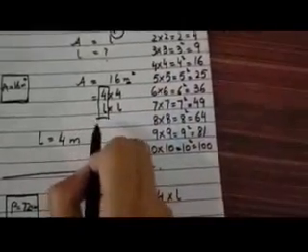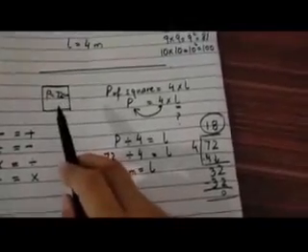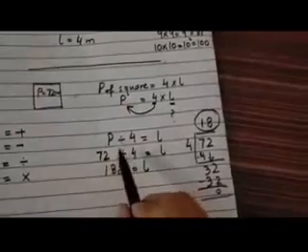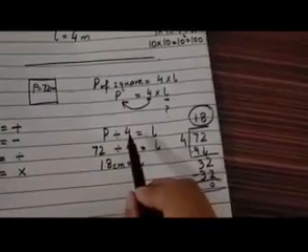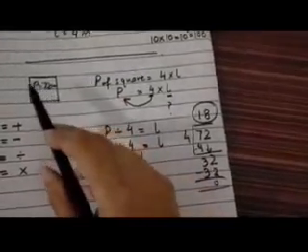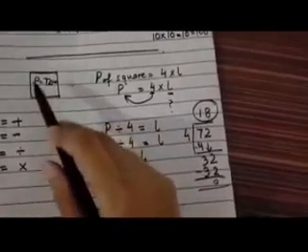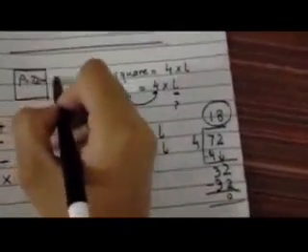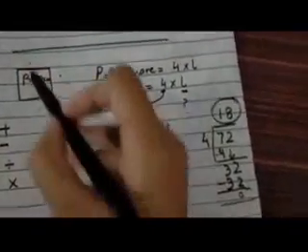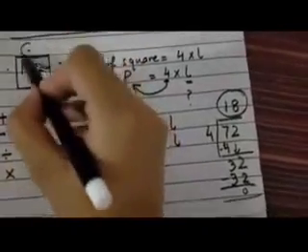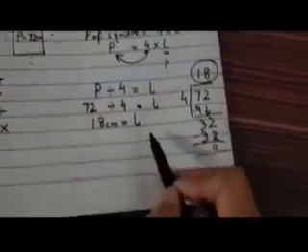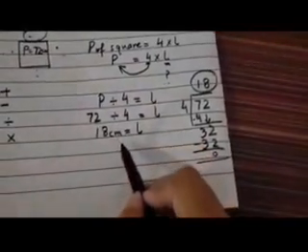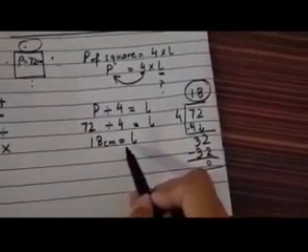Then you will get your length. And what if they have given the perimeter? You will divide your perimeter by 4 because there are 4 sides. Perimeter is basically the total length of the sides, and you will divide it by 4 to find the length of each side. 72 divided by 4 is equal to 18 in this case.